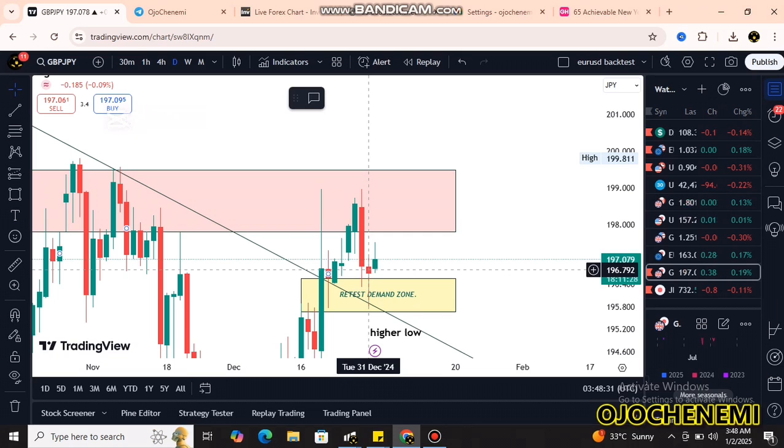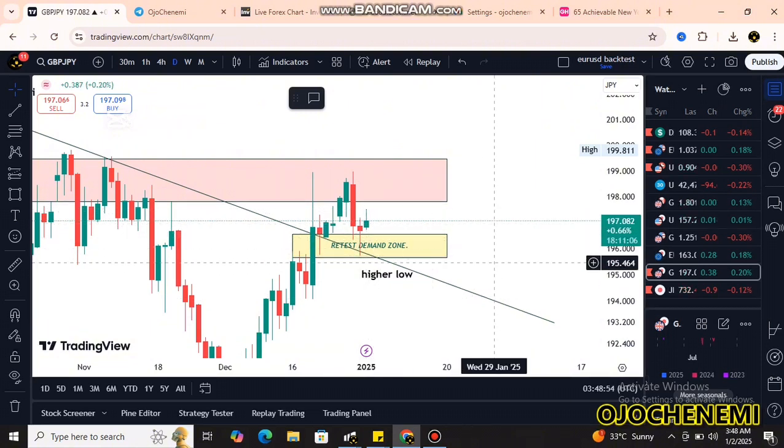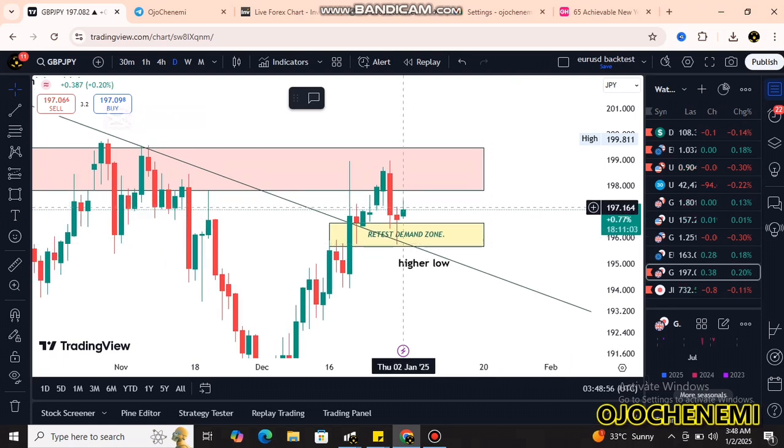So the combination of the western pattern and the eastern pattern, the chart pattern, will bring us closer to our goals in this trading. So you can see this confirmation of this candle.